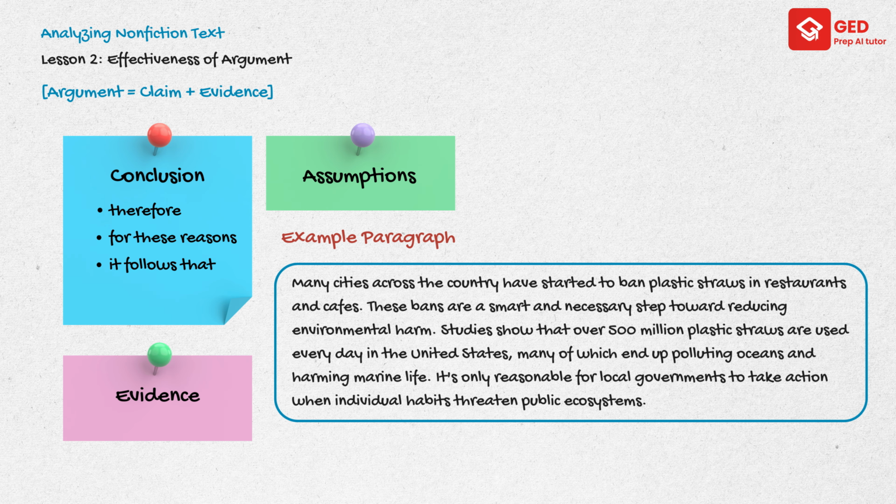First, identify the claim. The writer argues that plastic straw bans are a smart and necessary step. That is the main conclusion. Now, what evidence supports that claim? The statistic that over 500 million plastic straws are used daily, many polluting oceans. That data strengthens the argument, but there is also an unstated assumption.